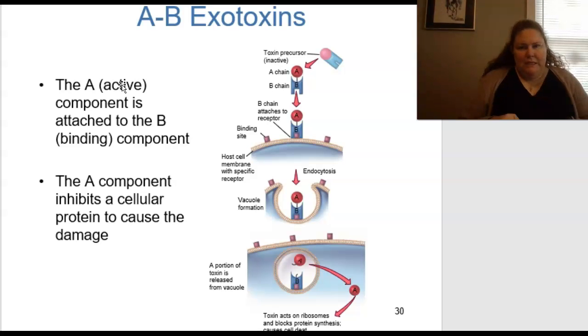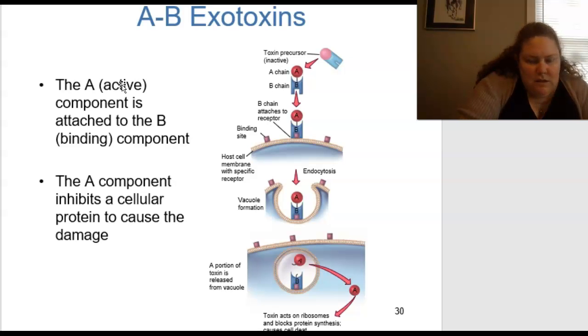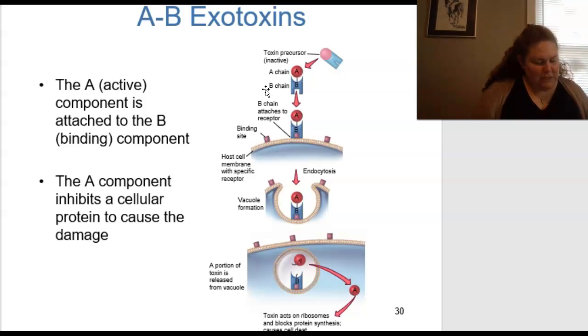What about these AB exotoxins? Well, basically, this is figure 13.13. So this is the actions of AB toxin from Corynebacterium diphtheriae. The B part is going to attach to a specific receptor on the cell membrane, and then the toxin is going to be engulfed into the vacuole. And then the A and B parts are going to separate.